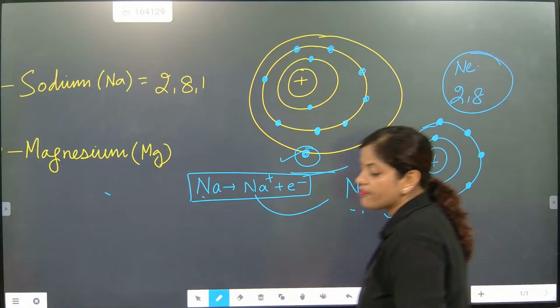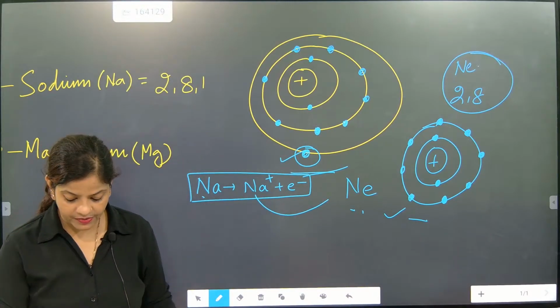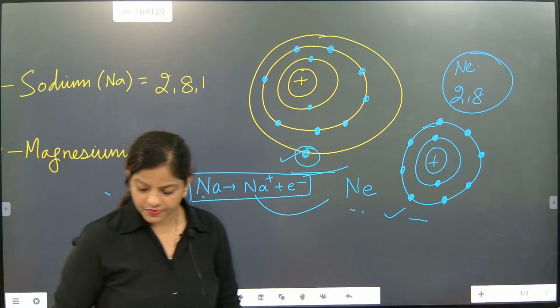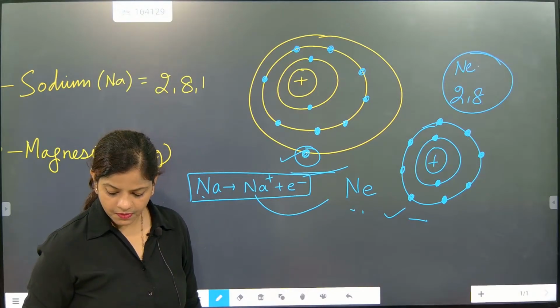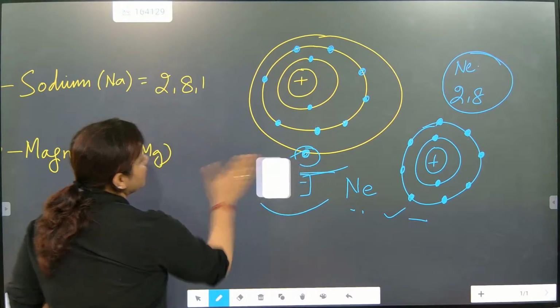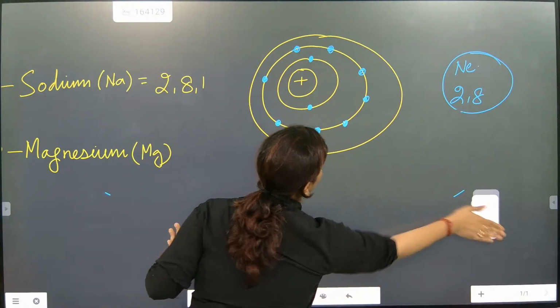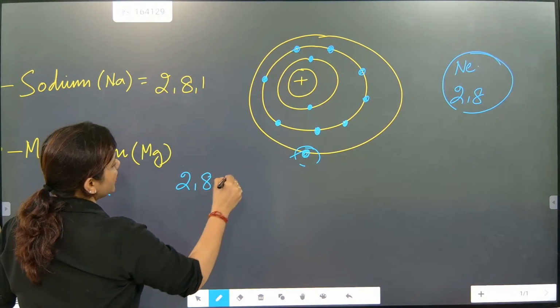The same is the case with magnesium. Magnesium has atomic number 12, so it will be 2, 8, 2.